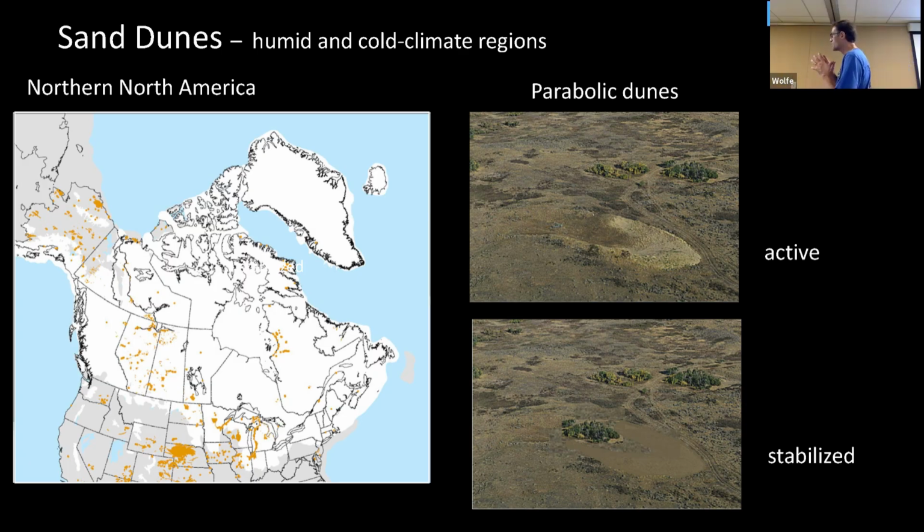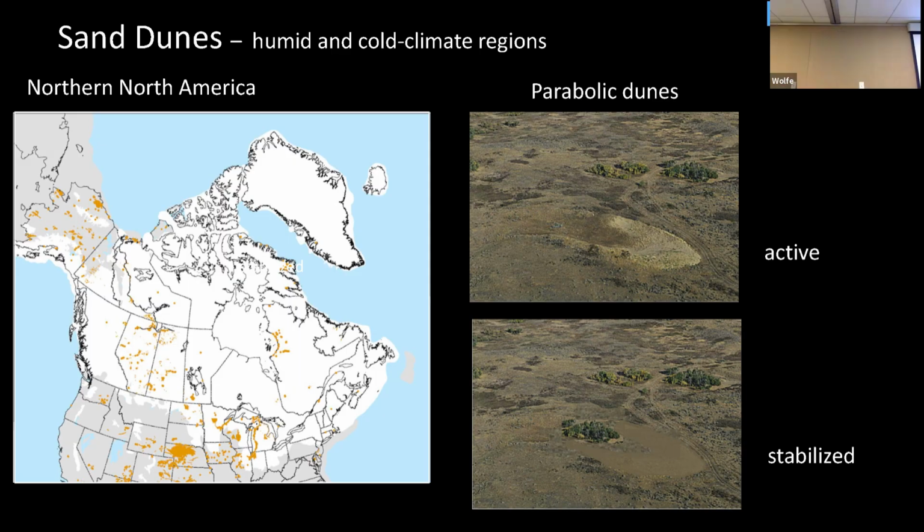Almost all of those dunes take on a different form than the one I just mentioned, called the parabolic dune. This is the dune here, and they are essentially associated with moisture and vegetation. So they produce a particular shape. If the wind is blowing from left to right, the head of the dune is here.